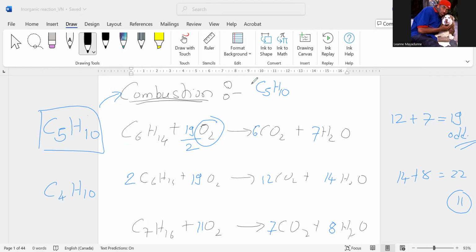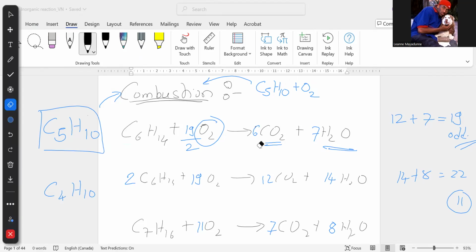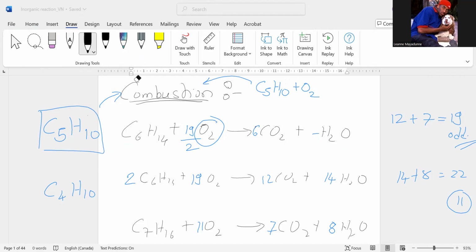Now it is undergoing combustion reaction, which means it is reacting with oxygen, and the product will be carbon dioxide and water. When you get the question in the exam or on your quiz, they'll just say combustion of this compound, and you're supposed to write it down and balance it.